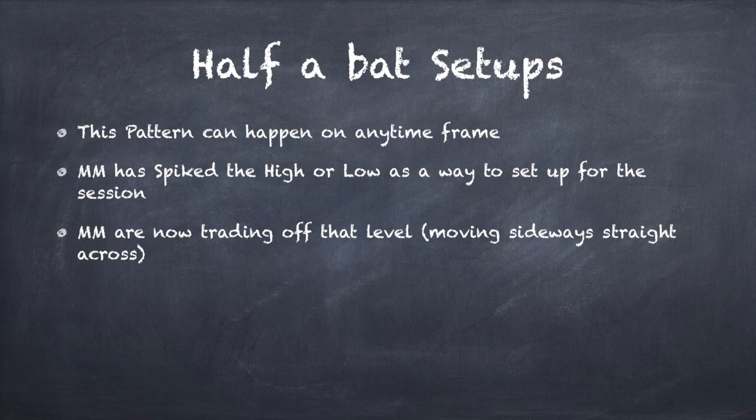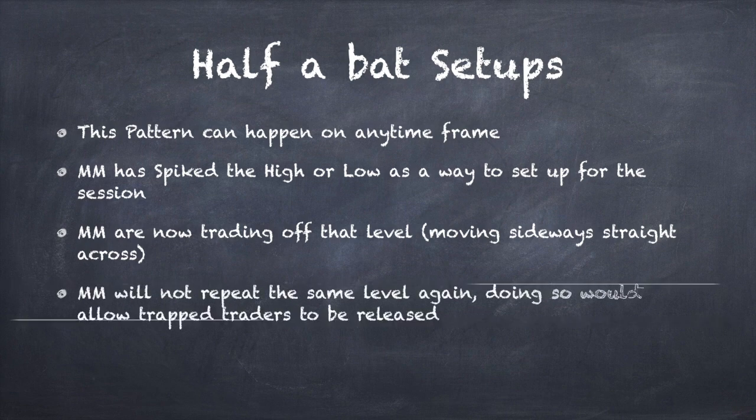Market makers are now trading off of that level. Once they spike that down or up, you'll see them pull back and then start to move sideways for the rest of that setup. The third thing is that market makers will not repeat that same level again. They're not coming back up for a second leg to retest it, because doing so would release all the traders they have trapped.